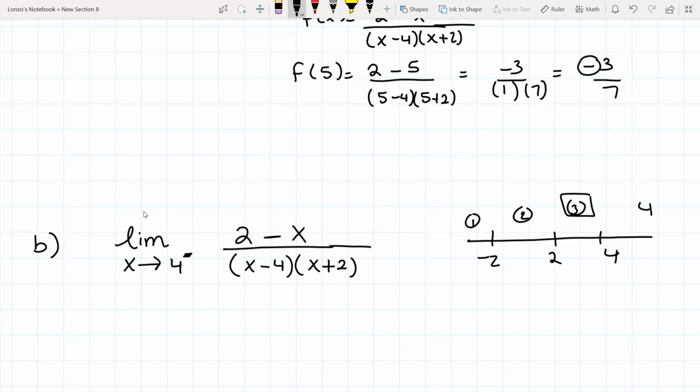So if our function is f of x equals 2 minus x, and we want to test between 4 to the left, I need a number between 2 and 4. So the best number I can think of is 3.